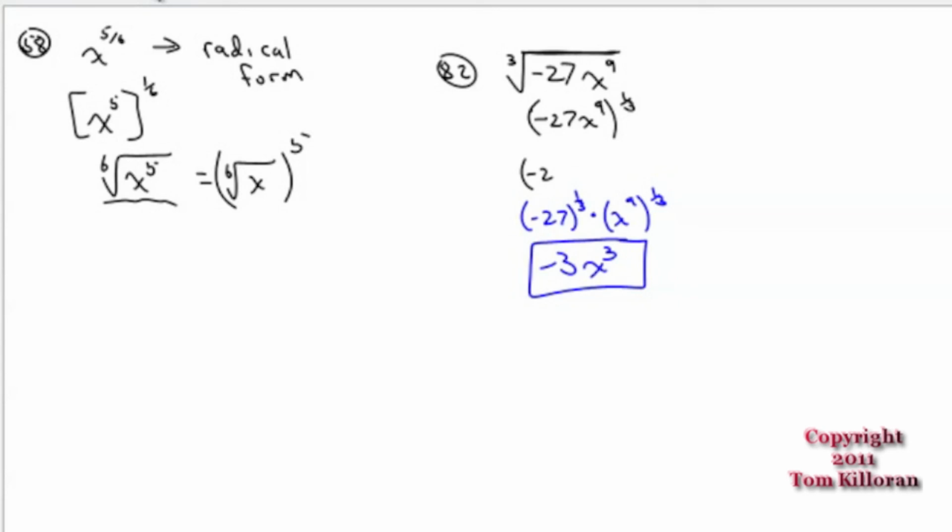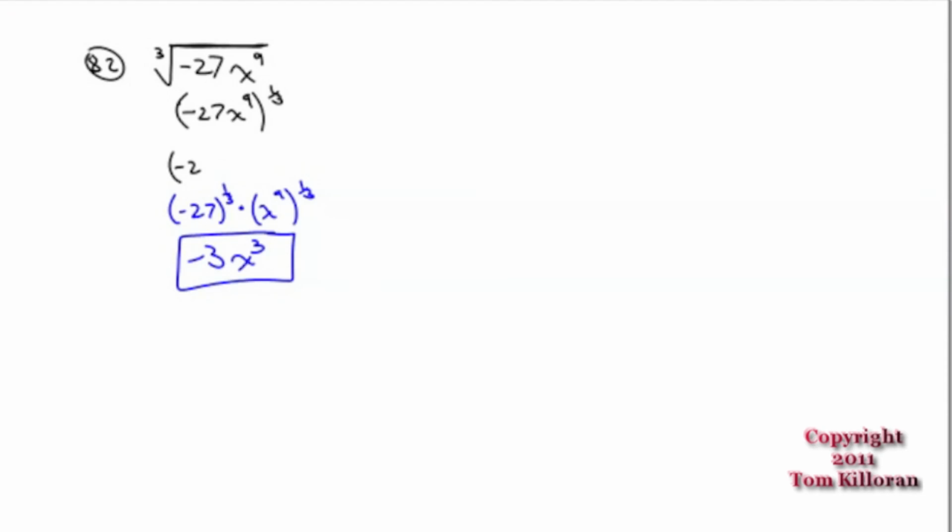How about 86? Which will give us another rule. So put a star by this one. This is the one that gets people. It looks easy, and then you have to think about it. The fourth root of a to the fourth b to the 20th.